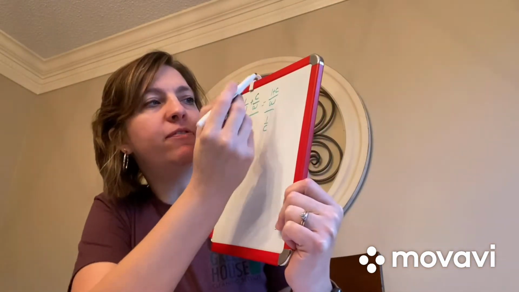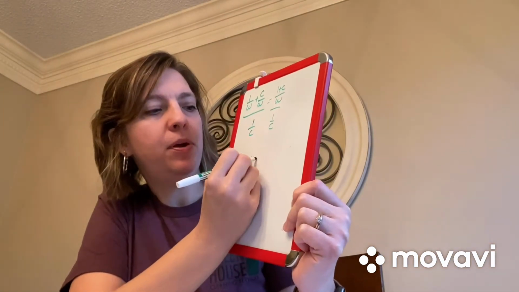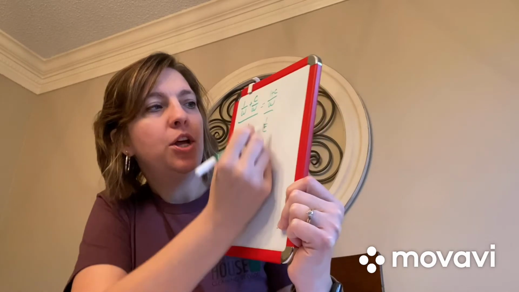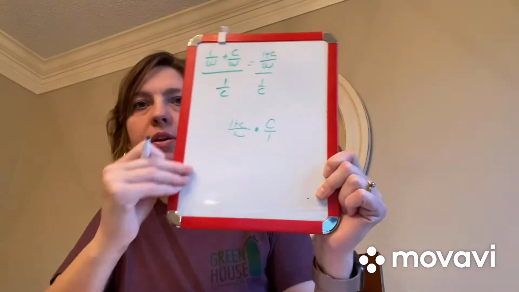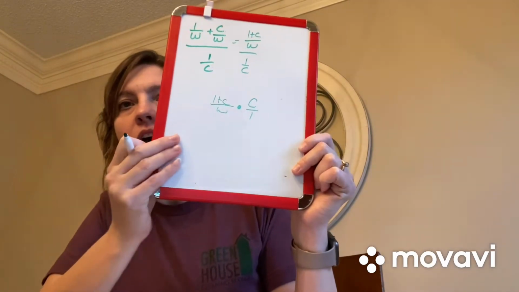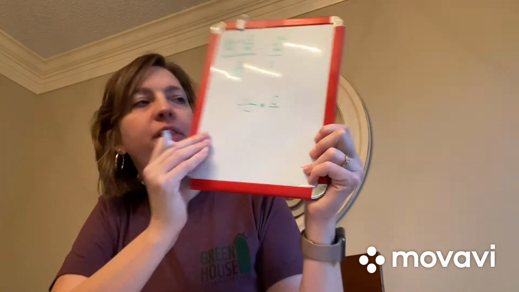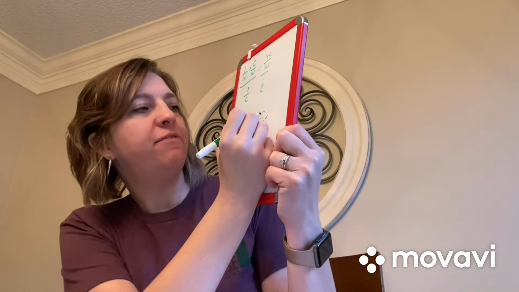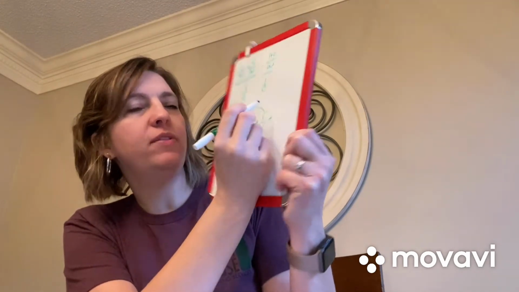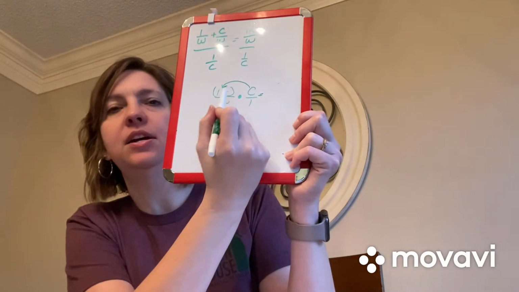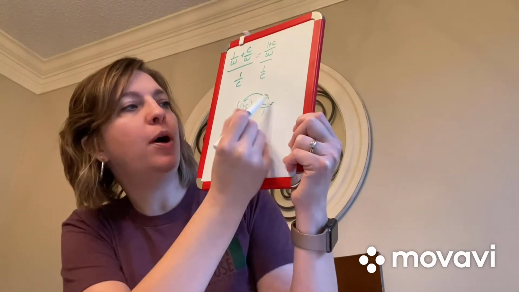So I keep the first one the same, keep, change the divide to multiply, and then flip C over 1, right? So now that I've kept, changed, and flipped it, then all I have to do is distribute the C to both parts of this. It's an understood parentheses here, so the C has to go to both parts.